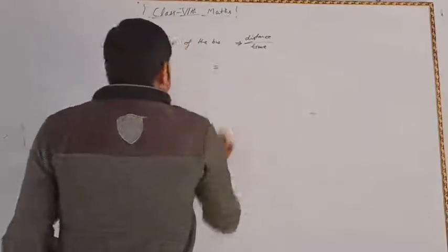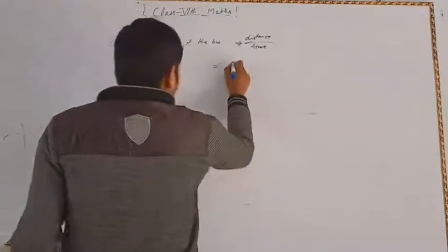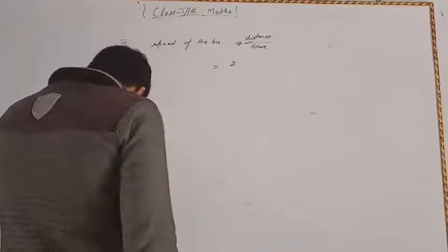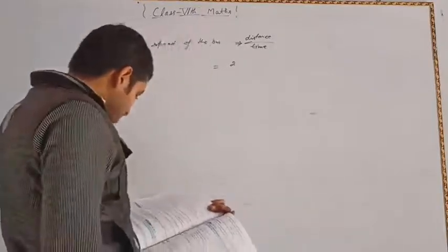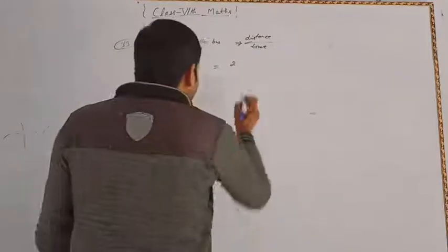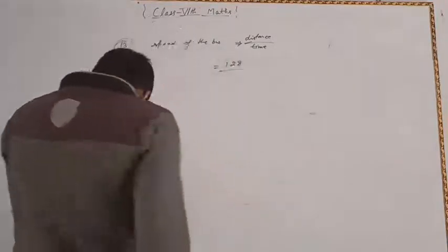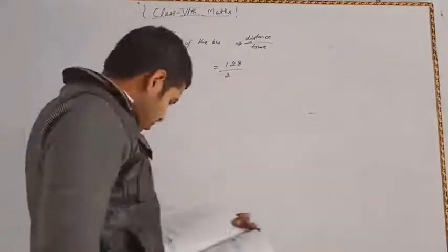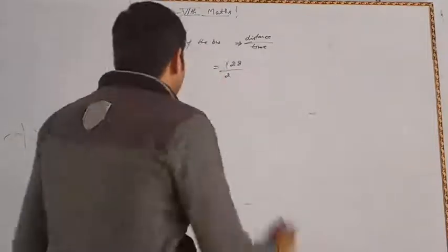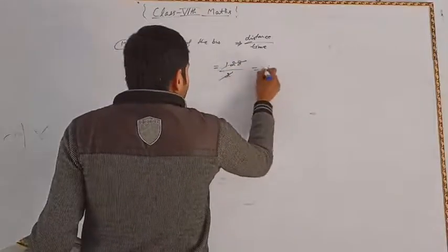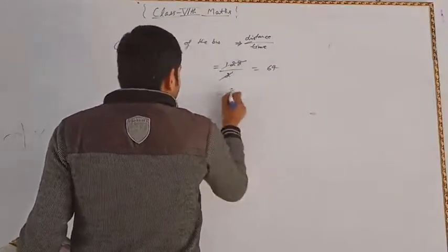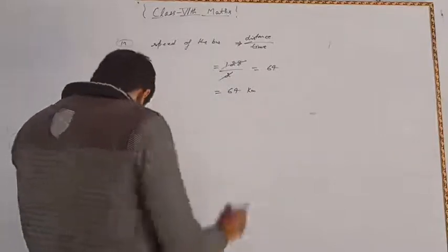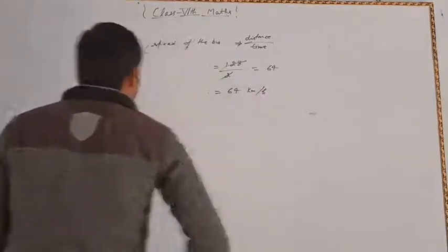So here the distance covered by the bus is 128 kilometers, and the time taken by the bus is 2 hours. So 128 upon 2 is equal to 64 kilometers per hour.